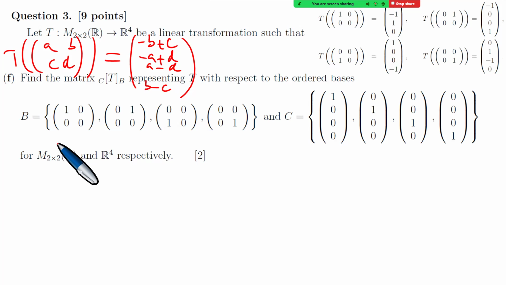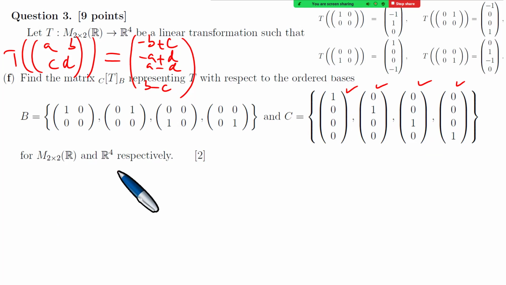For example, if we have these particular vectors as the image vectors, can we write this one as a linear combination of these vectors? If yes, how so?